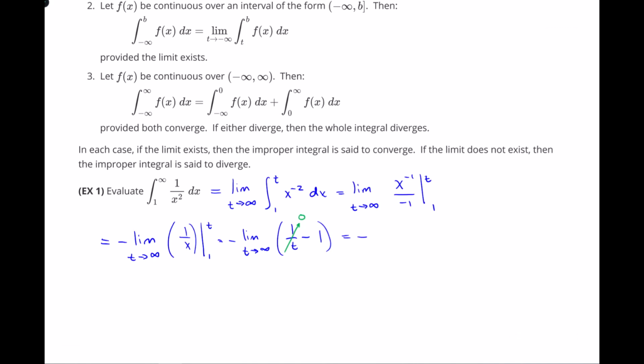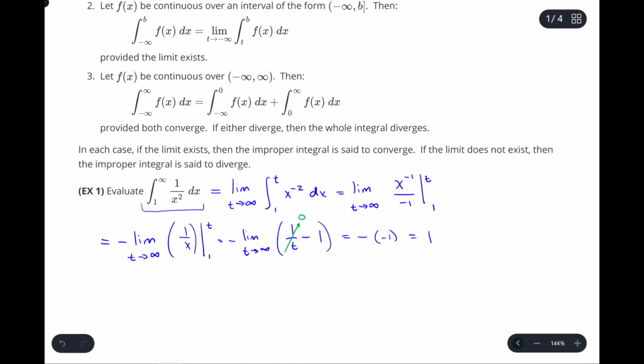So 0 minus 1 is negative 1. So evaluating that limit, I get the opposite of negative 1, which is positive 1. And what that tells me is that the value of this integral from 1 to infinity of 1 over x squared dx results in 1.